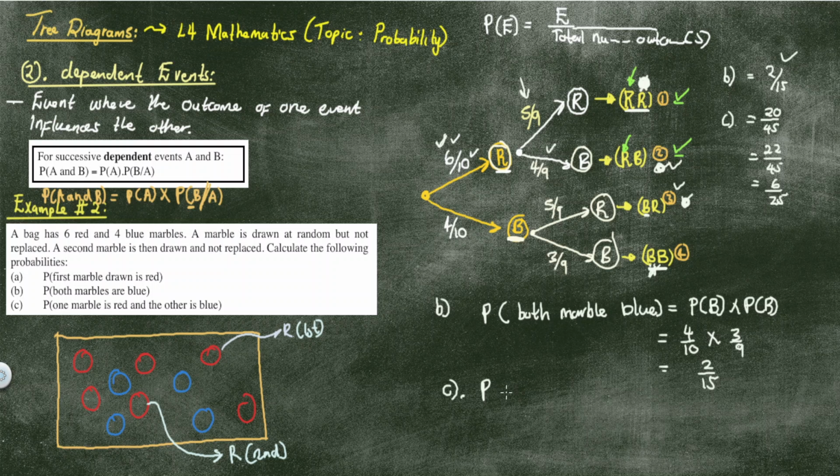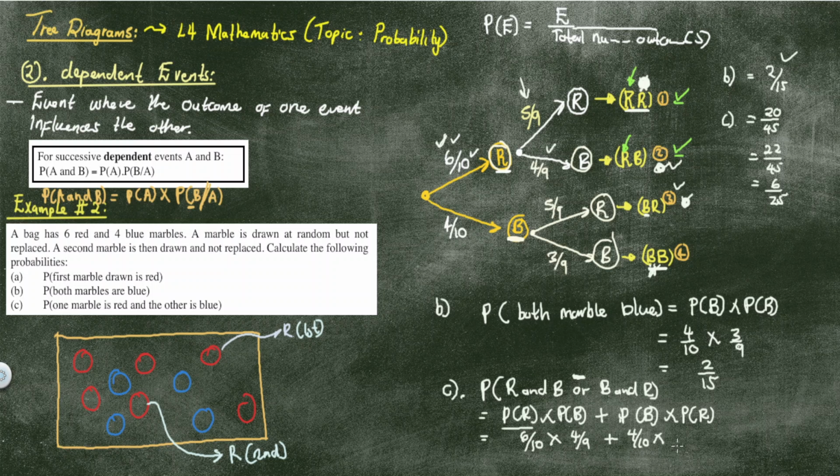So it's basically the probability of R and B, or B and R. It's the probability of R multiplied by the probability of B, plus the probability of B multiplied by the probability of R. Probability of R is 6 over 10 multiplied by probability of B, that's 4 over 9, plus the probability of B, that's 4 over 10 multiplied by the probability of R, that's 5 out of 9.